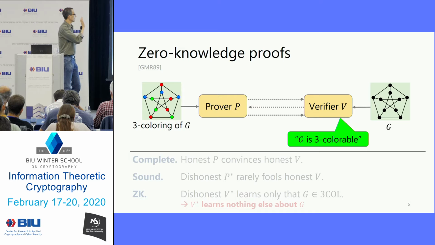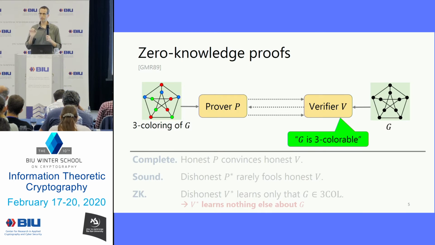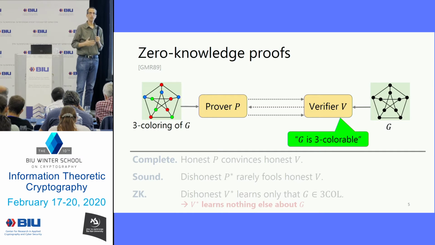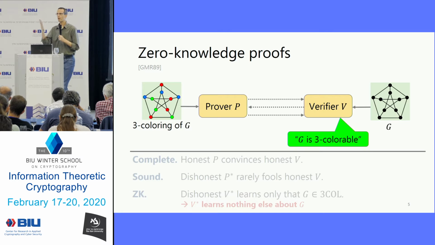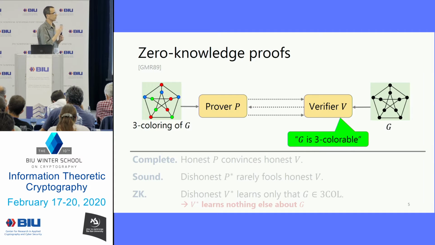The prover wants to prove some statement to the verifier. They both have a shared input, in this case a graph. The prover wants to prove some property of the graph, say that the graph is three-colorable. That's a hard thing to compute, so maybe the verifier can't compute it itself.